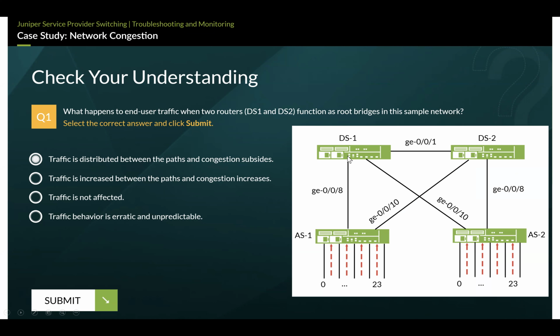You can load balance traffic through MST by creating multiple spanning trees under MSTP, multiple spanning tree protocol. Some VLAN range will be in one instance, and some other VLANs will be in another instance. So for some VLANs, distribution 1 will be the primary, and for the other VLANs, distribution 2 will be the primary. So you can load balance traffic.